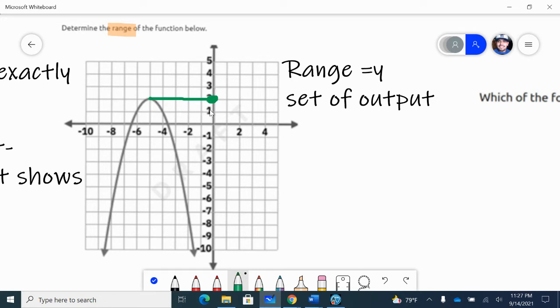And why? Because if you go to 1.5, call it right there, there are 2 points that have a y of 1.5. If you go to 1, we have 2 points that have a y value of 1. Again, we're strictly worried about the output. The output is what we project onto the y-axis, and it is any point below 2.